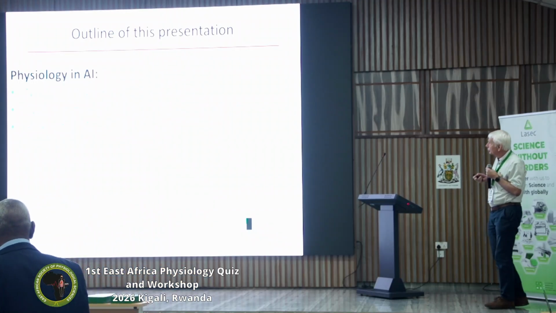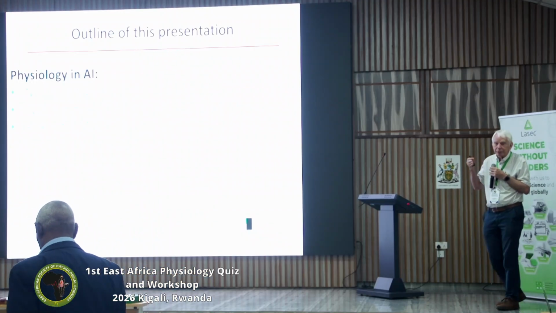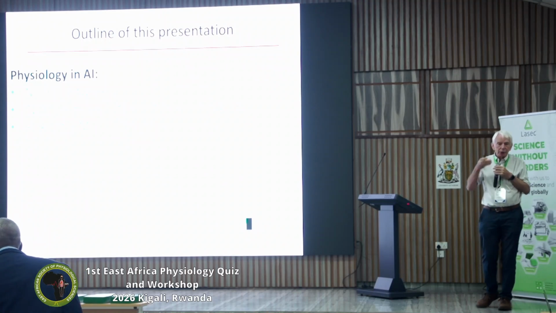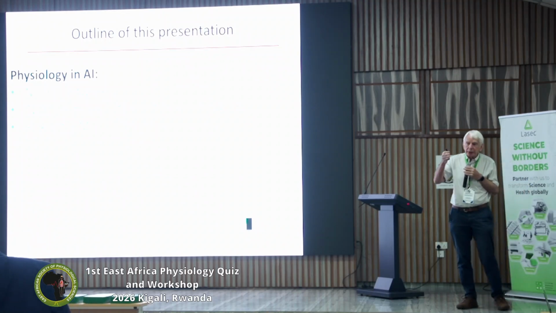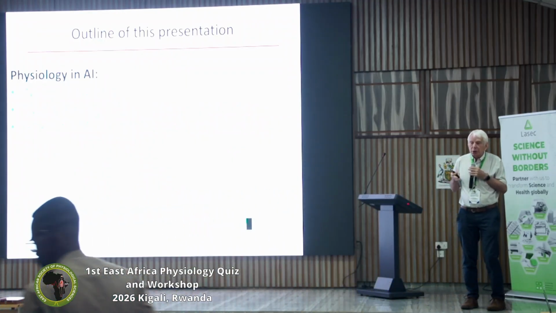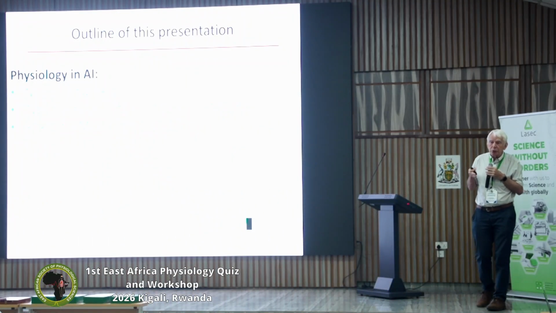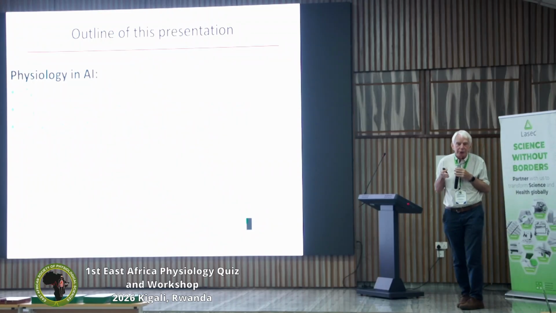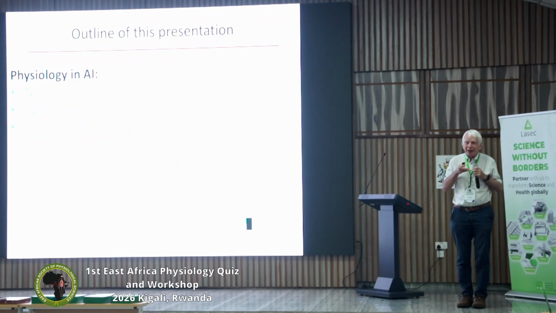The outline of this presentation will be that I will give a little background on neural networks. As I already mentioned, Donald Hebb was one of the founding fathers of the design of neural networks, which are actually the foundation of artificial intelligence. So actually, as physiologists, we can claim that AI is ours.